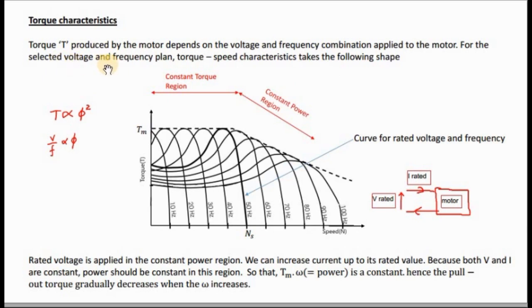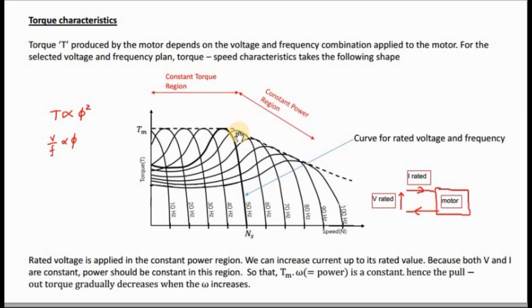For the selected voltage and frequency plan, the torque speed characteristic takes the following shape. Here you can see various curves for a particular motor. This is called the constant torque region, since the maximum torque, or pull out torque, is constant, and this is the constant power region.